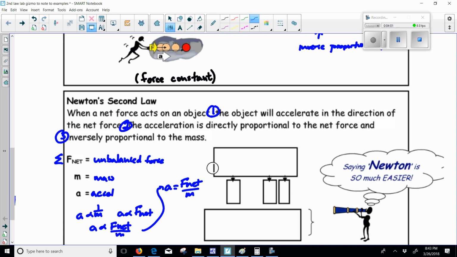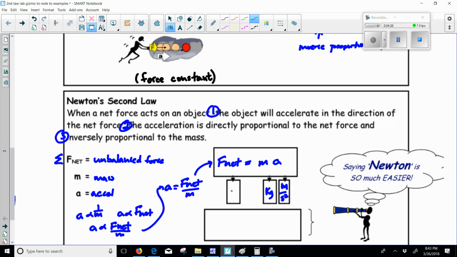What we normally do, though, is look at the equation like this, but oftentimes we find the equation looking like this: the F net, the overall force, is equal to the mass times the acceleration of an object. Again, it's the exact same thing, just a different way of writing it. Well, let's look at the variables we have here. I measure mass in kilograms. Acceleration we measure in meters per second squared.